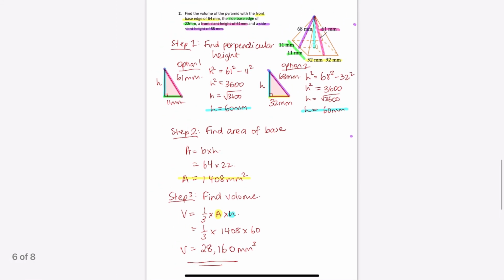Okay, that's the final answer for example 2. If you wish to write this down in your workbook, please pause the video and write that down. Maybe just write one of these options. Okay, so it's totally up to you which one you want to write down and which one to use in the exercise. Okay, if you have any questions, please go to Jamboard.